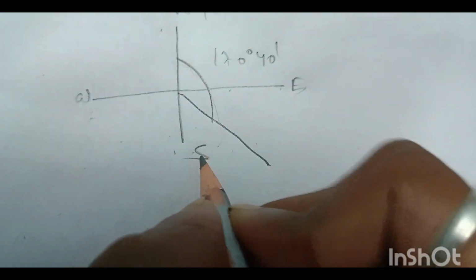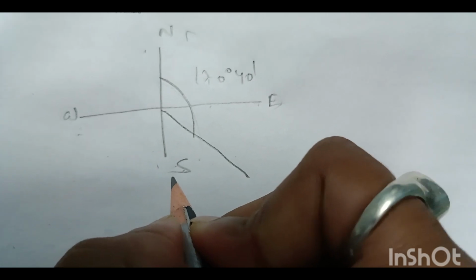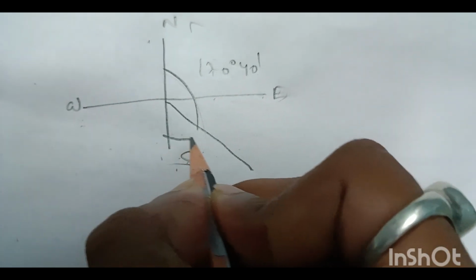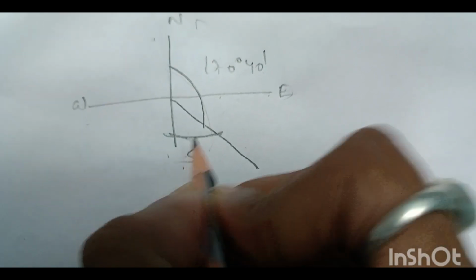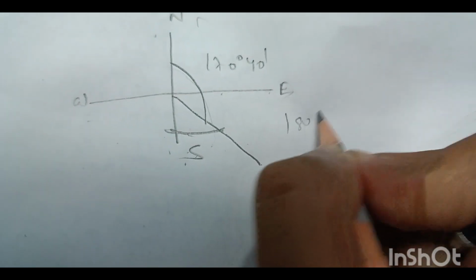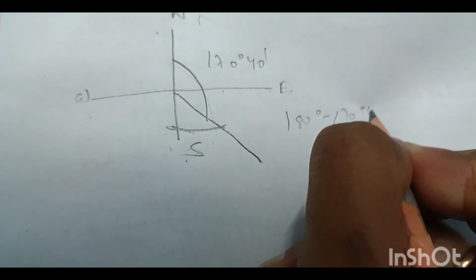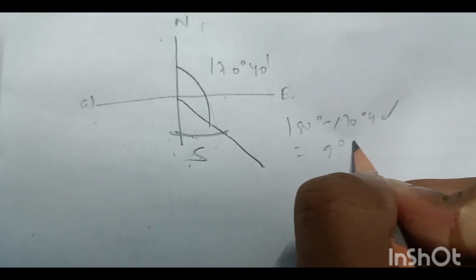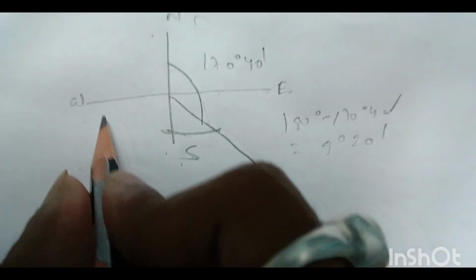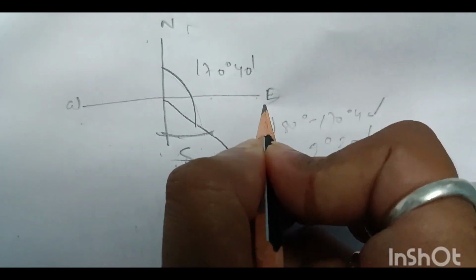So here southeast is the closer quadrant, and this angle will be the quadrantal bearing. This angle we know is 180 degree minus 170 degree 40 second. So the angle will be 9 degree 20 second, and the quadrant will be southeast. Option A is the right answer for this question.